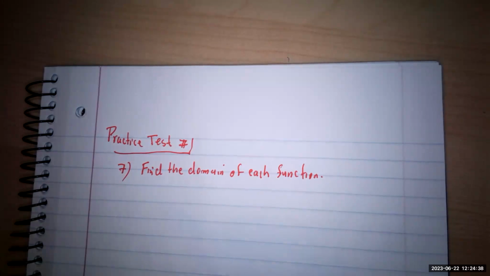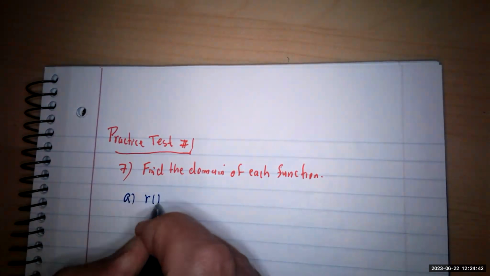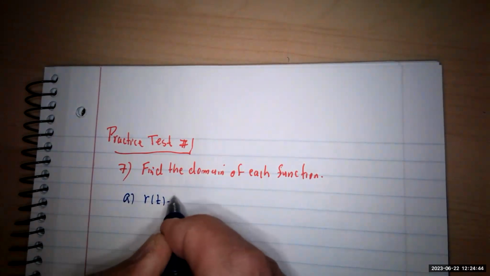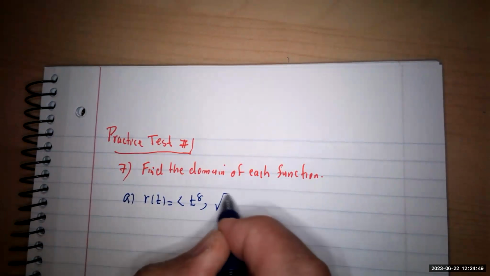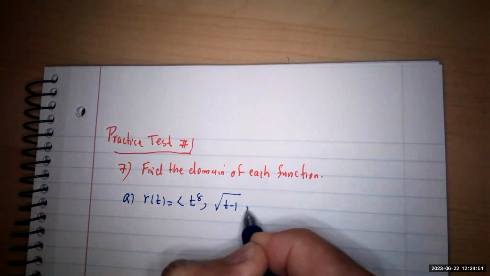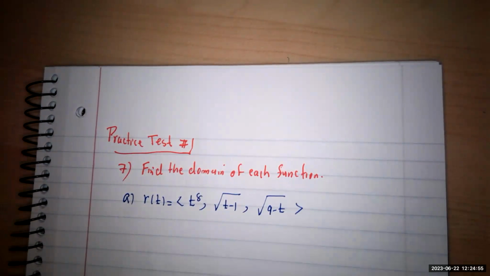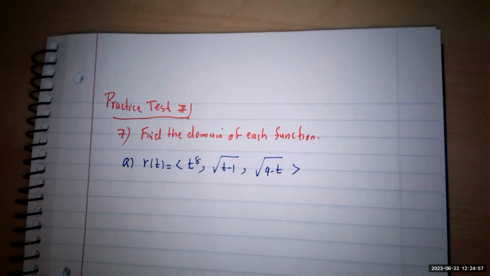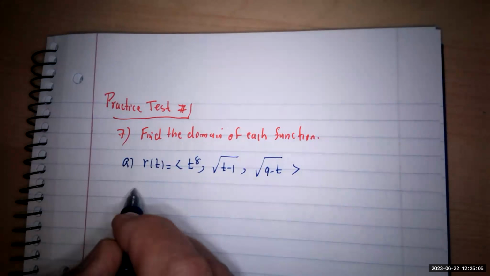So the first function, part 1, is r of t equal to t to the 8, the square root of t minus 1, and the square root of 9 minus t. You have to get the domain of each component function and then get the common part.